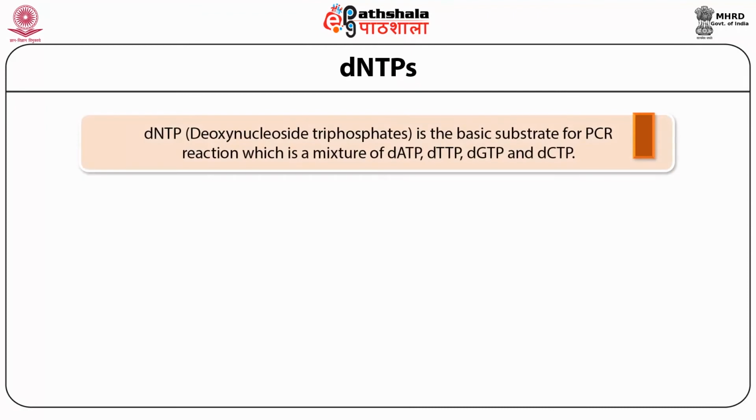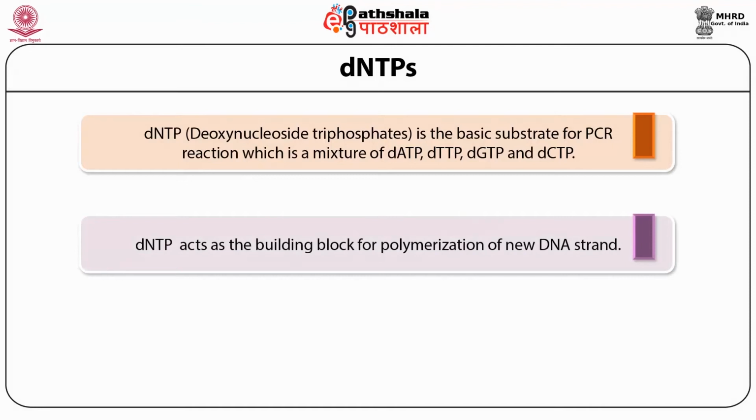Low magnesium chloride will result in less product but specificity will be high. Deoxynucleoside triphosphate is the basic substrate for the PCR reaction, which is a mixture of deoxy-ATP, deoxy-TTP, deoxy-GTP, and deoxy-CTP. Excess of dNTPs can increase the rate of error and can also inhibit the activity of Taq polymerase.